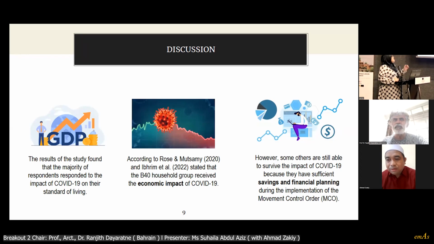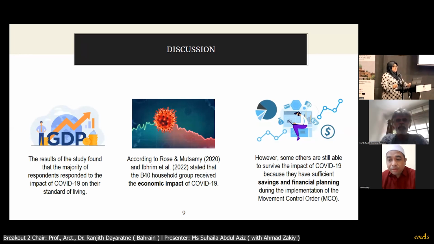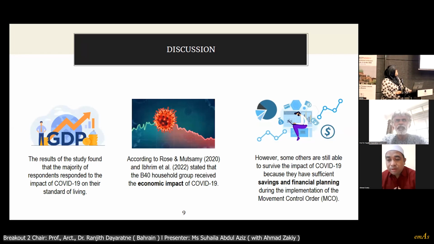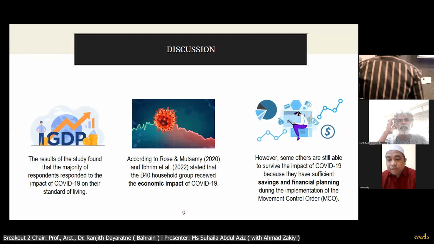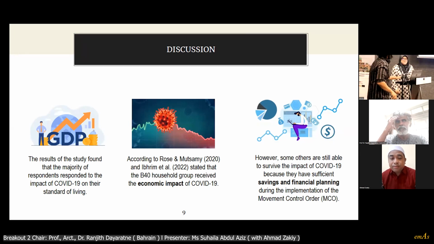The results of the study show that the majority of respondents reported the impact of COVID-19 on their standard of living. According to Ross and Mustami, 2020, and Ibrahim et al., 2022, the B40 household group received the economic impact of COVID-19.